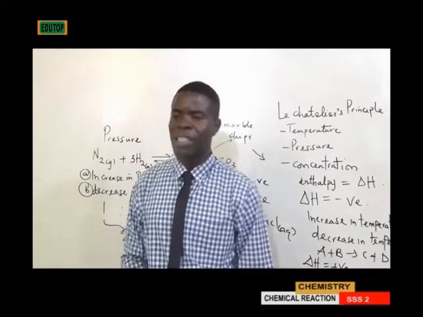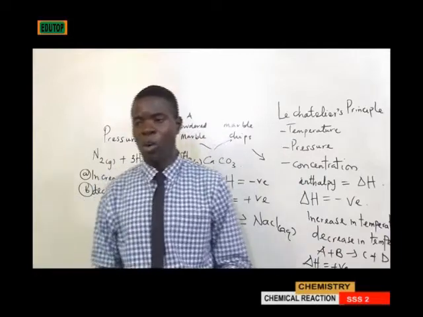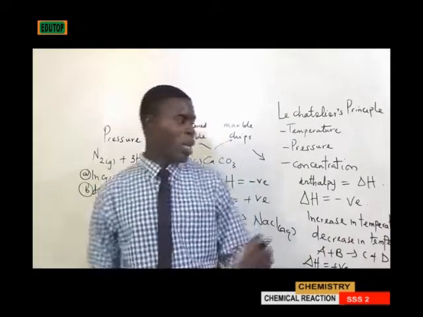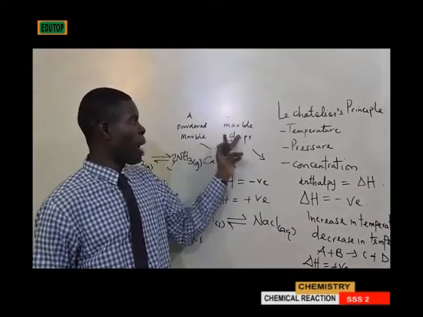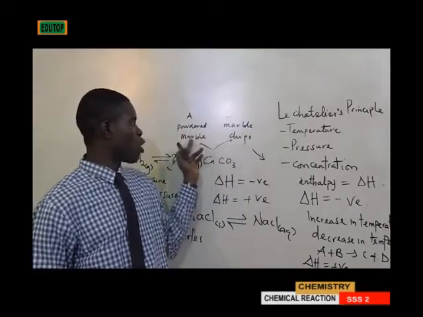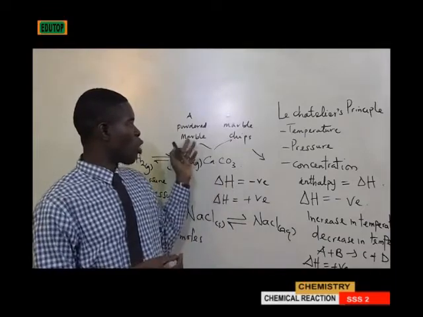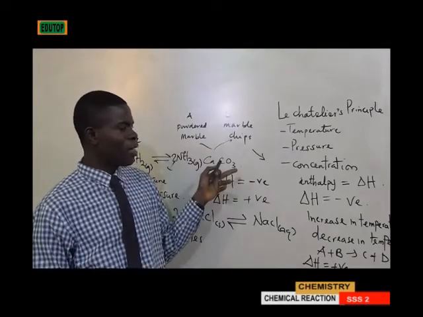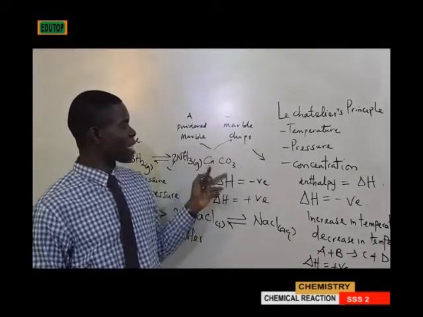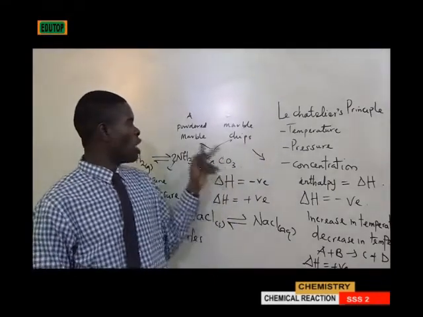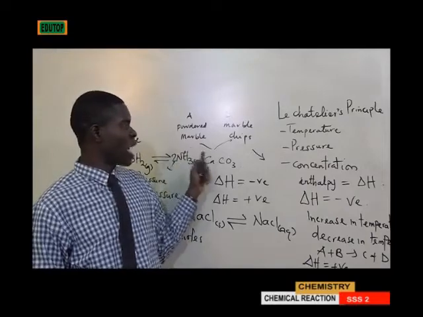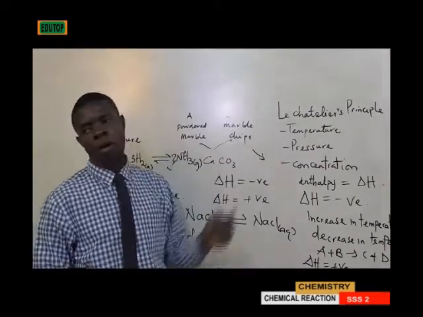C, nature of reactant. Nature of reactants also affects it because, like the case that I cited, powdered marble and marble chips. In the case of powdered marble, because the size is very small, it will contribute a larger surface area to the acid than the marble chips, so this reaction occurs faster.